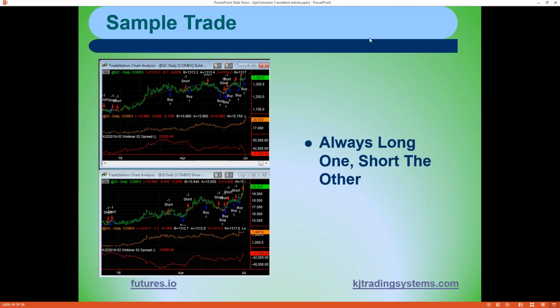Here's an example. I have gold on top, I have silver on the bottom. The red line at the bottom of the chart is that spread value. The charts don't perfectly line up, and I apologize for that, but you can see, look at early April, you go short and then you go long around the 7th or 8th of April, and then you hold on to that in gold.